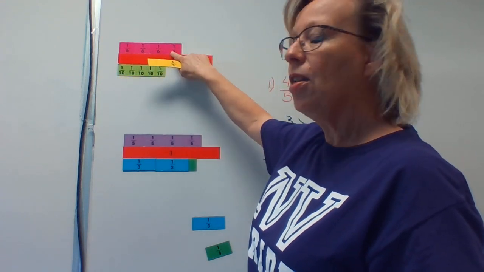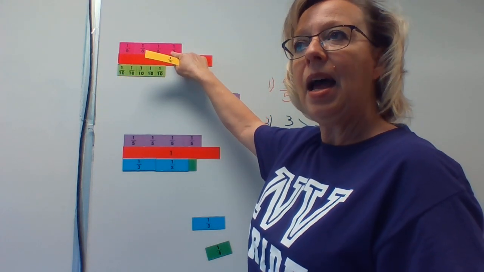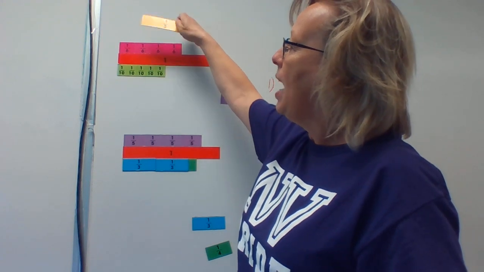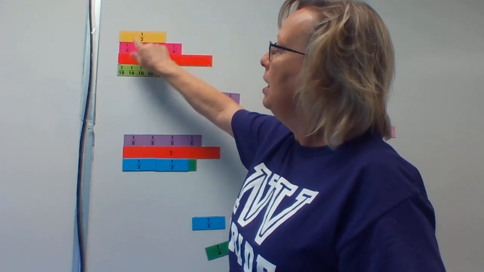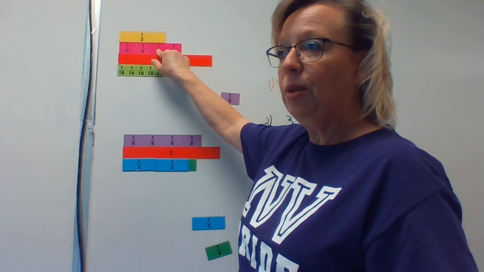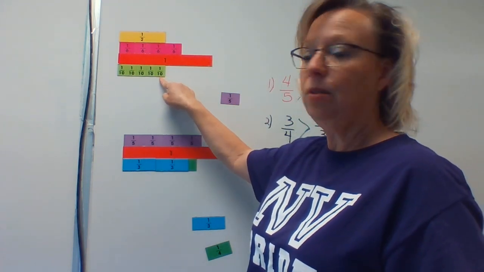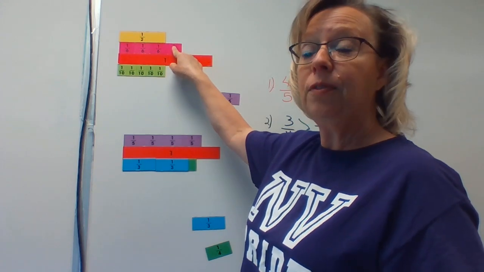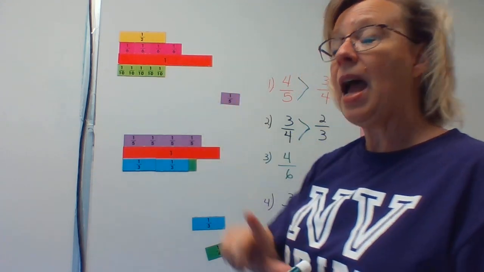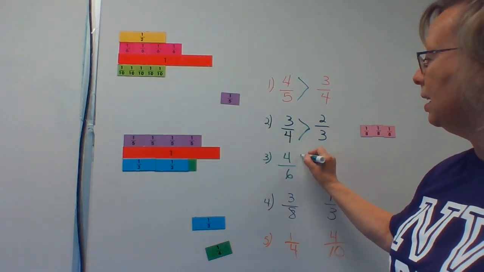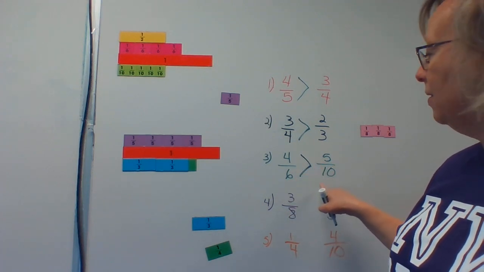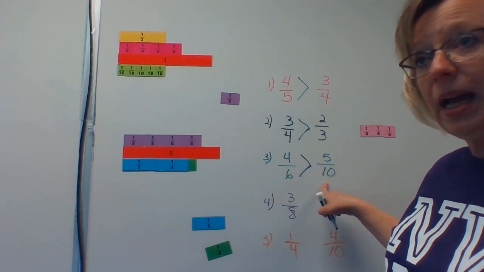If I'm thinking sixths, what's 1/2 of this would be 3/6. So 3/6 is equal to 1/2 and 5/10 is equal to 1/2. Well, this is 4/6, so it has more. So 4/6 is greater than half. 5/10 is equal to half.